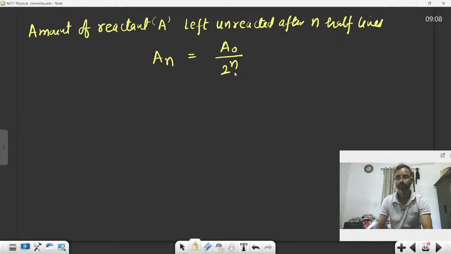This is the fraction of reactant left unreacted after n half-lives.